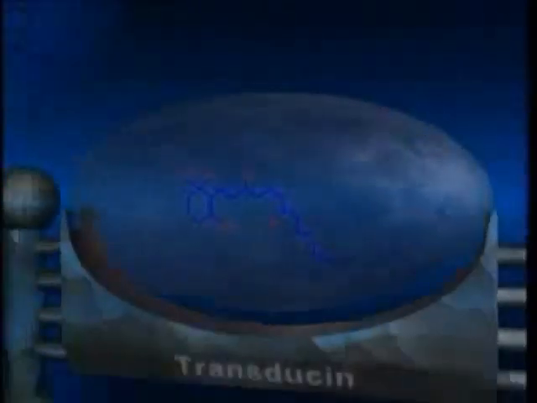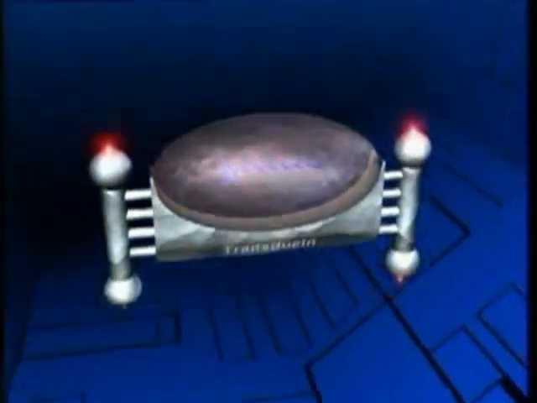After this union, another molecule called GDP also joined in this group. Now, two proteins, rhodopsin and transducin, and a chemical molecule called GDP have bound together.